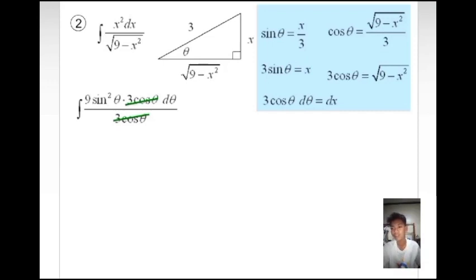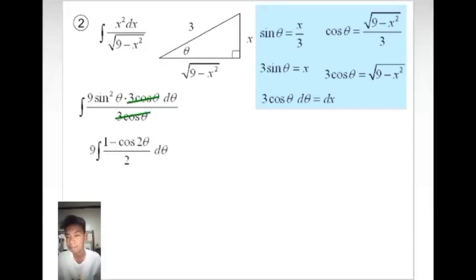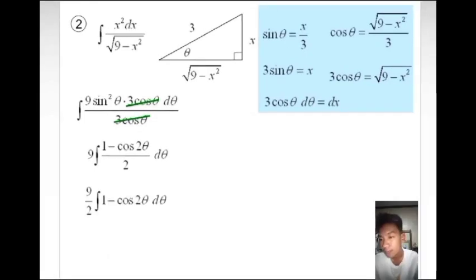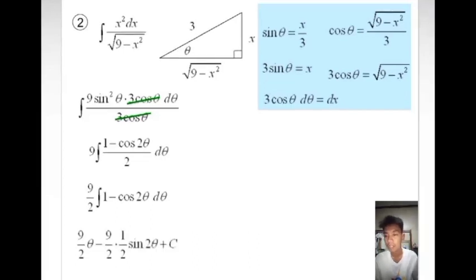Cancel the 3 cosine theta and then we get 9 times the integral of 1 minus cosine 2 theta over 2 d theta. 9 over 2 times the integral of 1 minus cosine 2 theta d theta. 9 over 2 theta minus 9 over 2 times 1 over 2, or 1 half, sine 2 theta plus c.